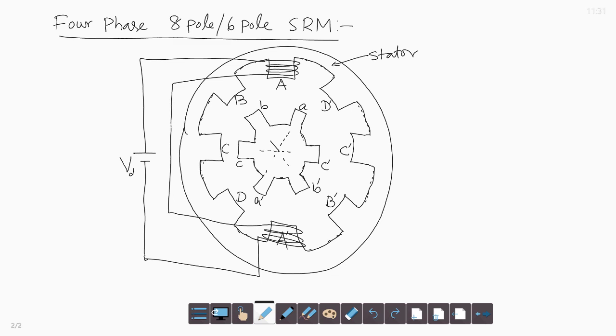So, what happens? Because the rotor pole A is close to stator pole A, there will be a magnetic pull between the stator electromagnet and the rotor pole, so that they will align to make the reluctance along the flux path minimum.